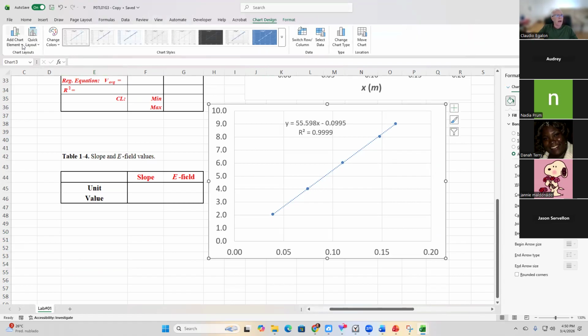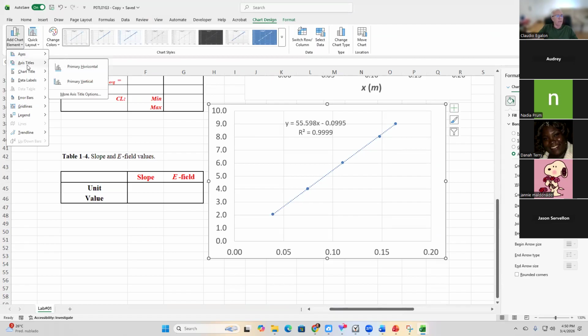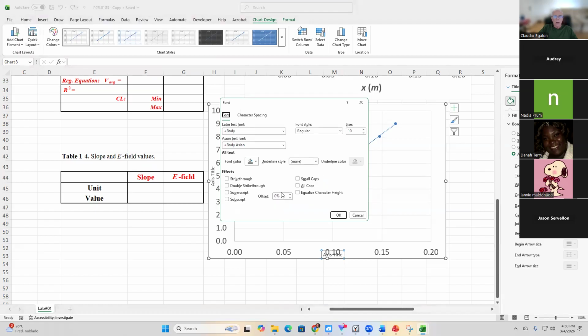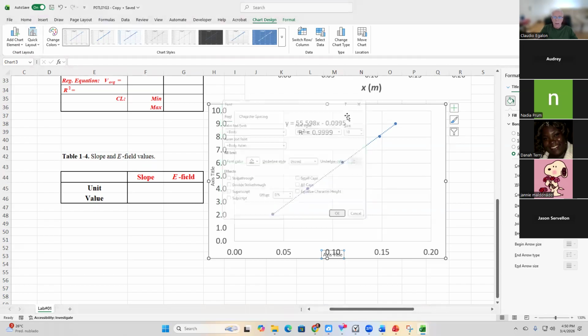Chart design, add chart element. Axis title, primary horizontal, primary vertical, just like before. And we are going to use font size 18. 18, right in here. Here you go.